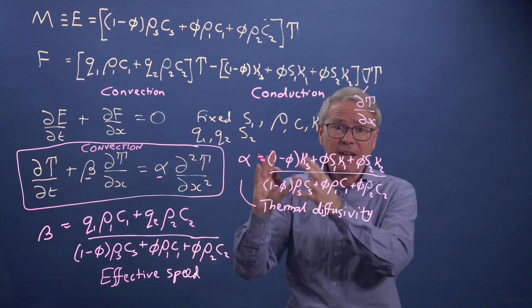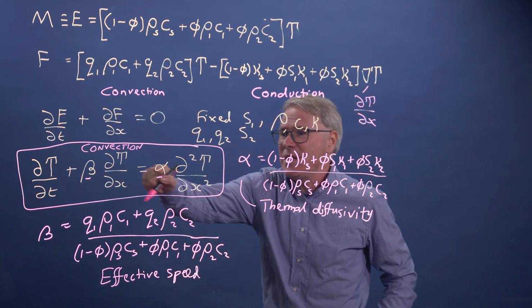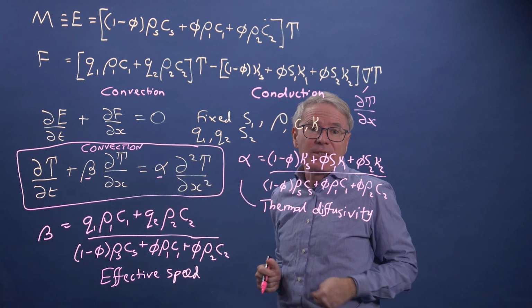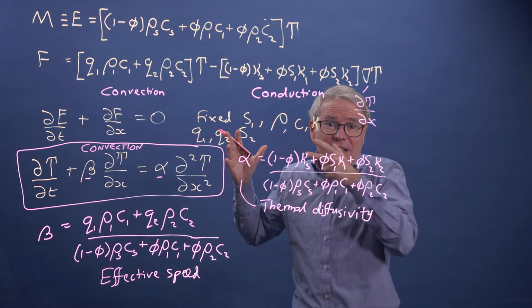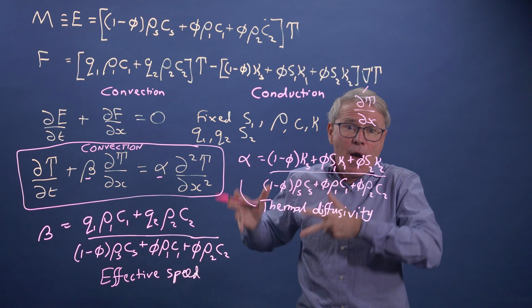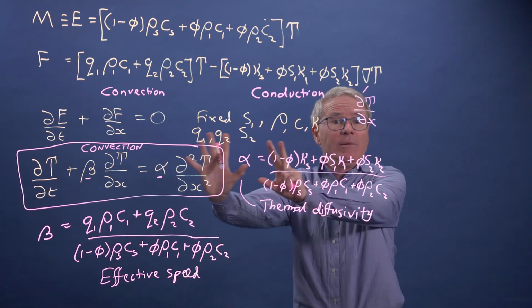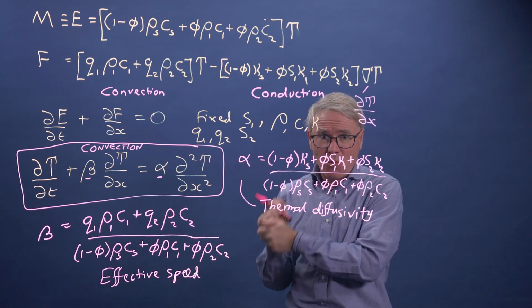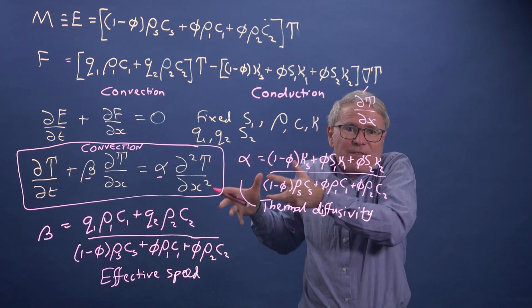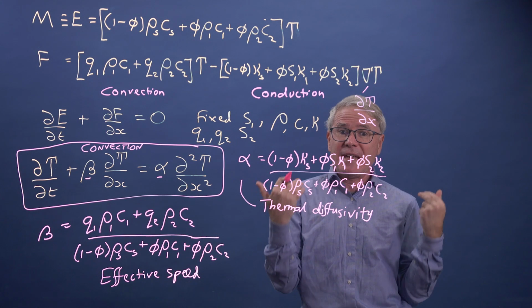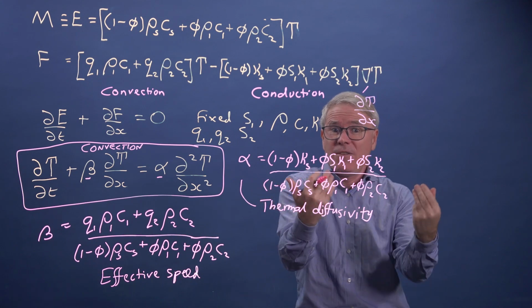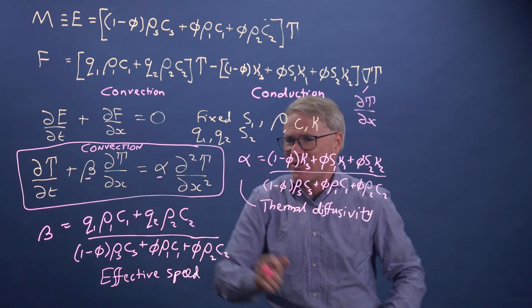Hot stuff is moving through the porous medium, and that's what that derivative is. It's going to lead to a temperature front moving through the pore space. There's nothing else it can do. We will show how to do that analytically. But physically, stuff is moving through the pore space, heating up the rock and the fluids as we go. Okay, that's convection.